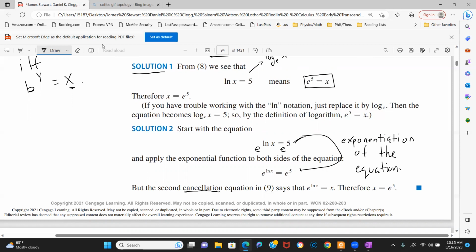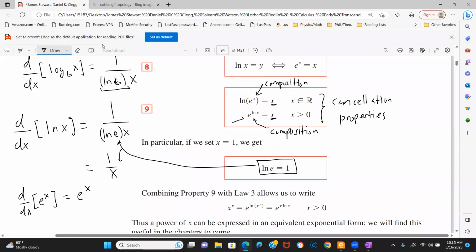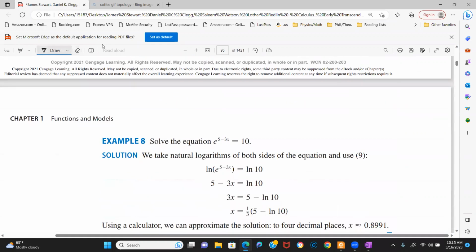You take an e to both sides, right? And that's how this equation implies this one right here. And then e and the ln x cancel because of this cancellation property right here, this second one. So sometimes this is called exponentiating an equation.